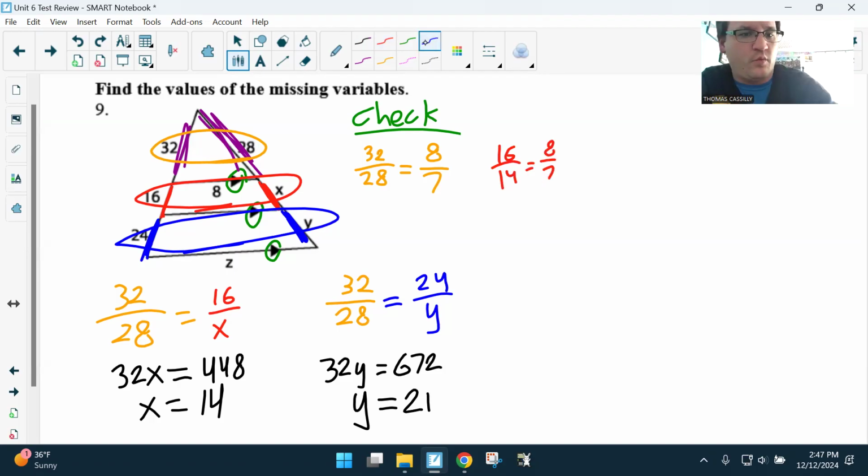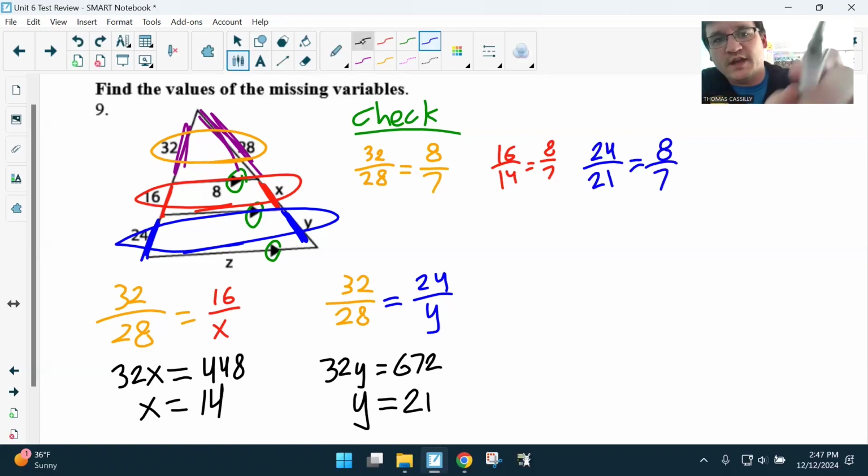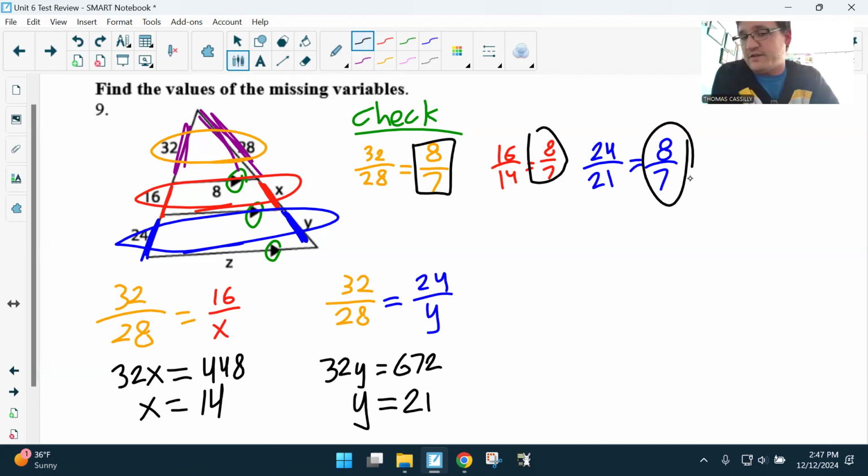And then if I do it with the y values, I get 24 over 21, which I can divide both of those by 3. I get 8/7, which again, I should get the same number, right? So that's just kind of another way to confirm it.